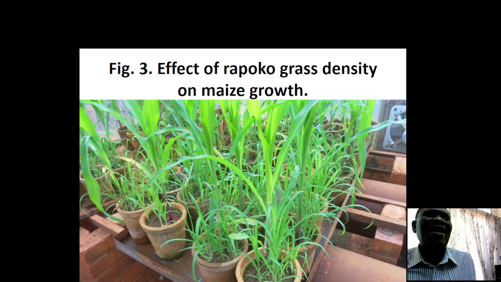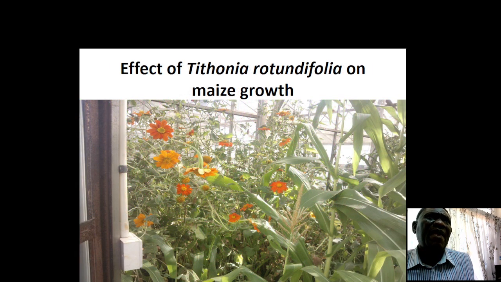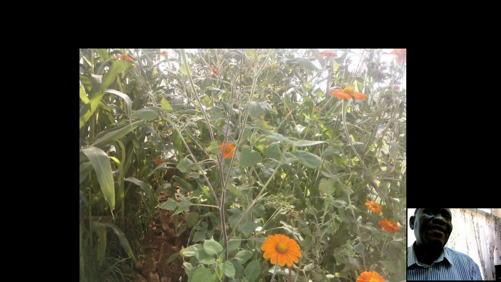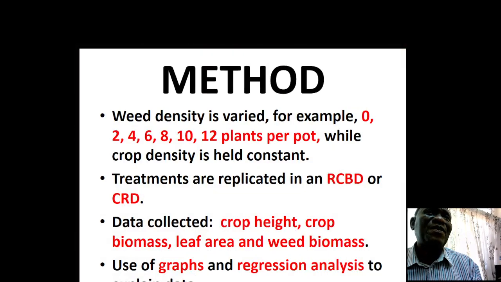Then you measure the response of the crop due to differences in wheat densities. Here we have got Tithonia rotundifolia, or wild red sunflower, effects on maize. Again, a pot experiment. Again, the same experiment.